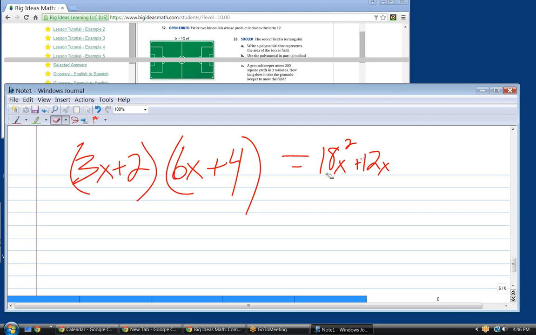So how do we guarantee we're going to end up with a 12? Remember, the first term and the last term don't change. So you can make it like 3x by 4x or 2 times 6.